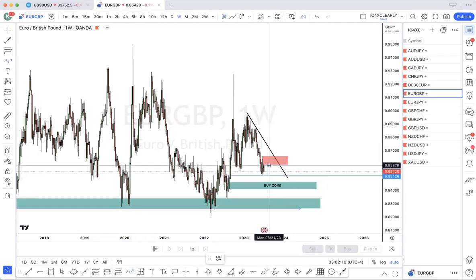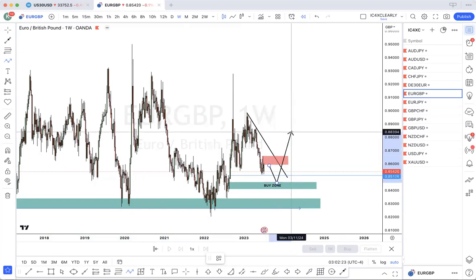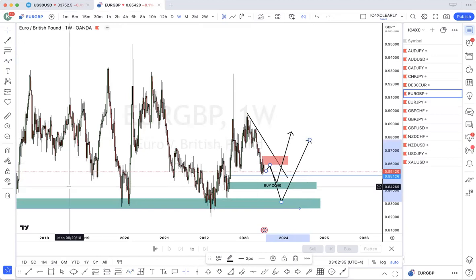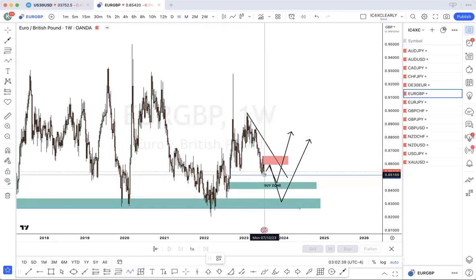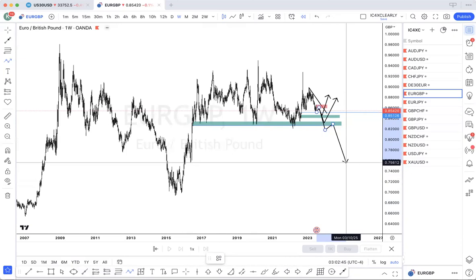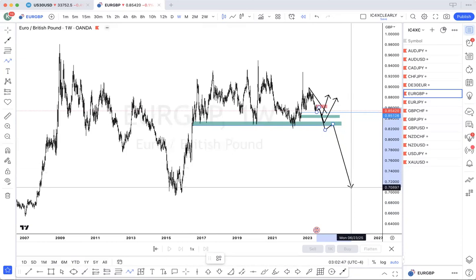So let's see, price could come here and then continue up, or price can push here and continue up, or price could finally break the key level and sell down.